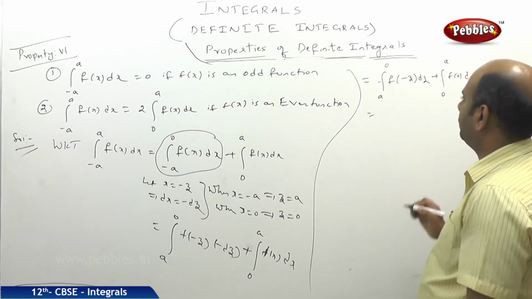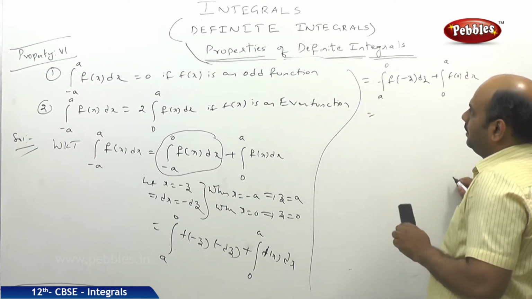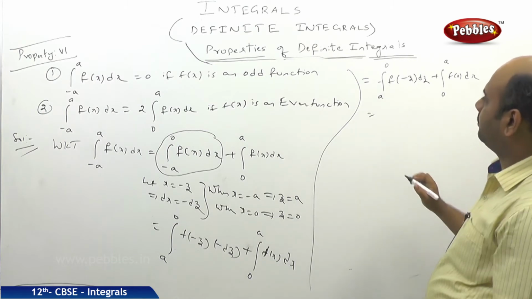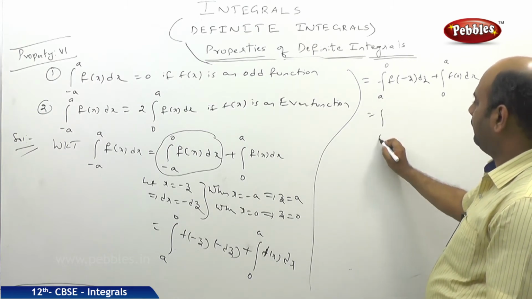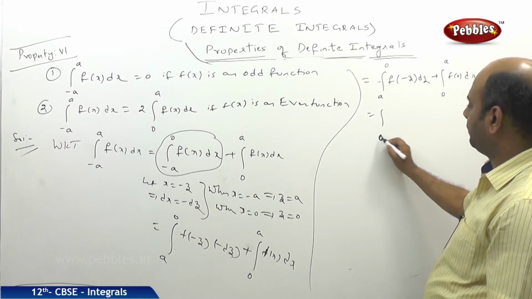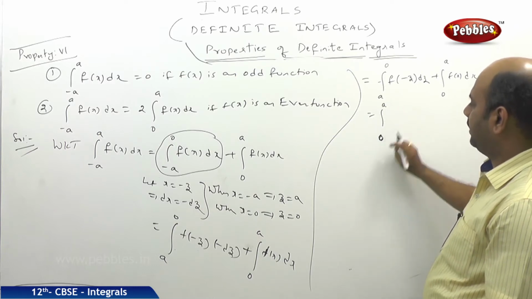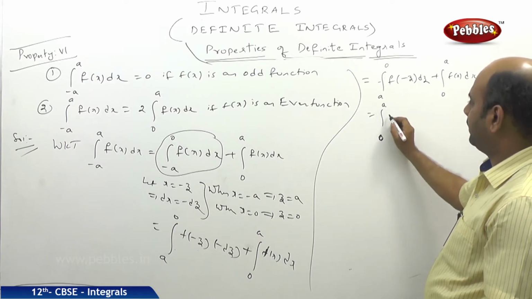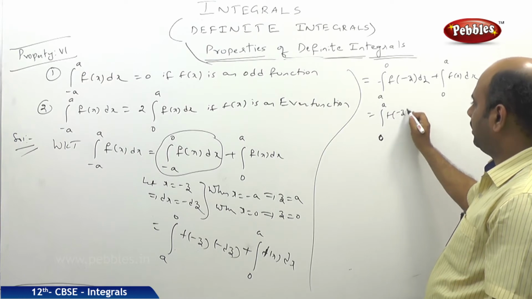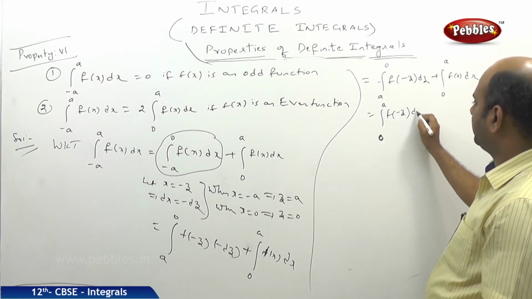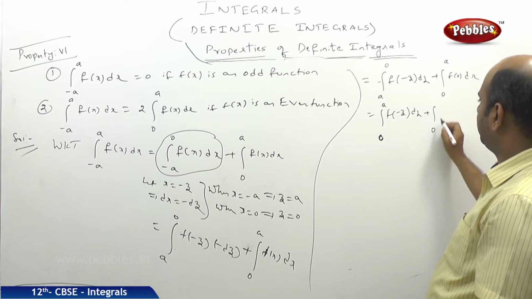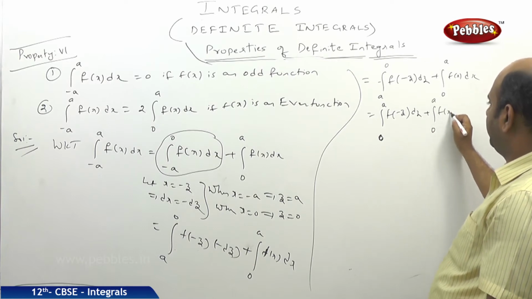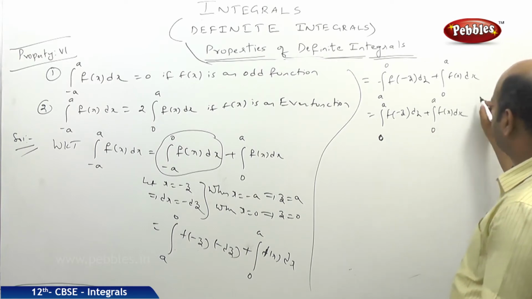Now I want to eliminate this particular minus. How can I eliminate it? I will make the lower limit the upper limit and the upper limit the lower limit, from 0 to a, and the minus gets eliminated, and we get f of minus z dz plus integral of 0 to a f of x dx. What is the property I applied?